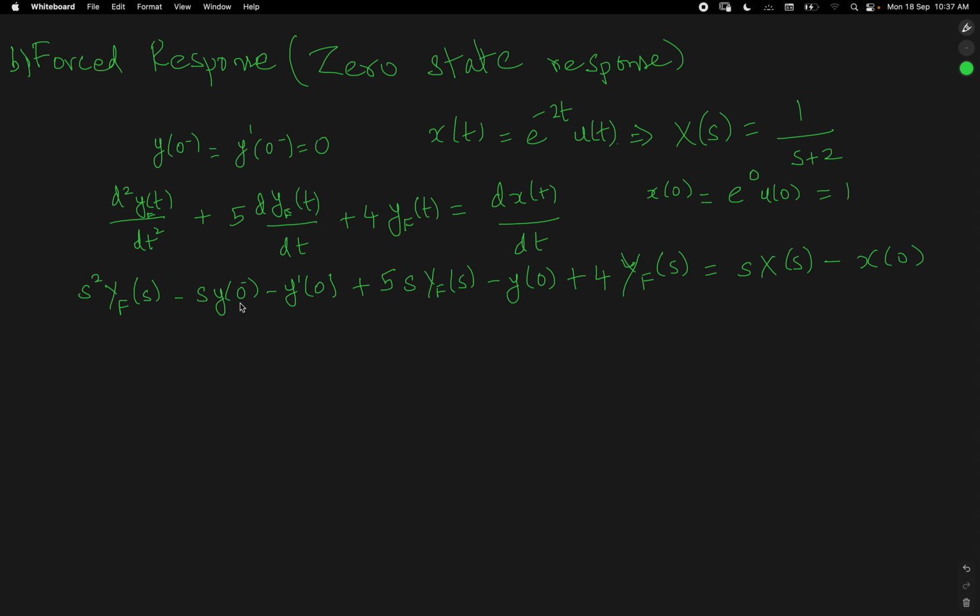So substitute all the above conditions, that is y of 0 minus is equal to 0, y dash of 0 minus is also 0, x of 0 equal to 1, and x of s is equal to 1 by s plus 2.